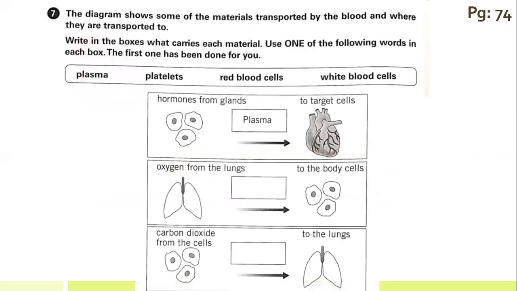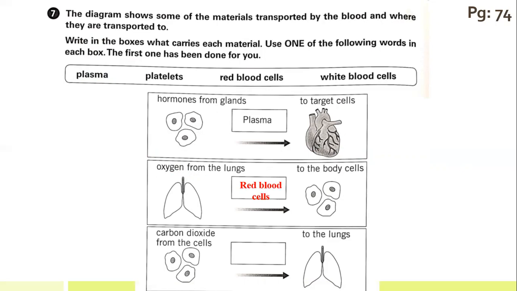The diagram shows some of the materials transported by the blood and where they are transported. Write in the boxes what carries each material. Use one of the following words in each box, and the first one has been done for you. So hormones from glands to the targeted cells, that is plasma. Oxygen from the lungs to the body cells, so red blood cells are responsible for that.